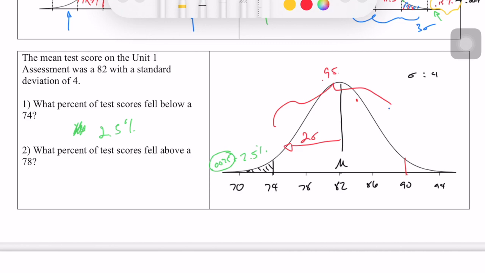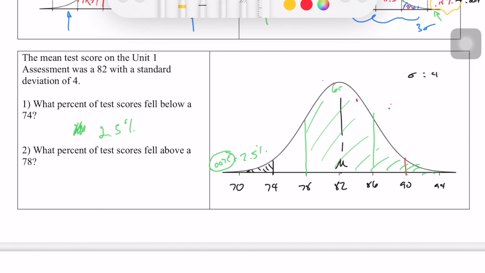Okay. What percent of test scores fell above 78? Right, where is this scratch? Why are you writing in pencil? Above 78. So they want to know this area. All right. What's the best way of doing this? Well, I would probably think about how much is within one standard deviation, since that's what my one boundary is.